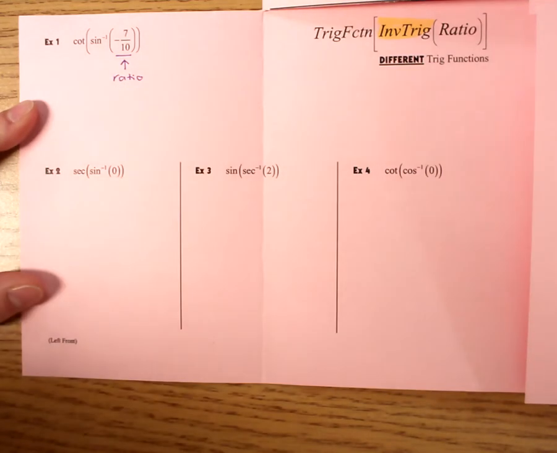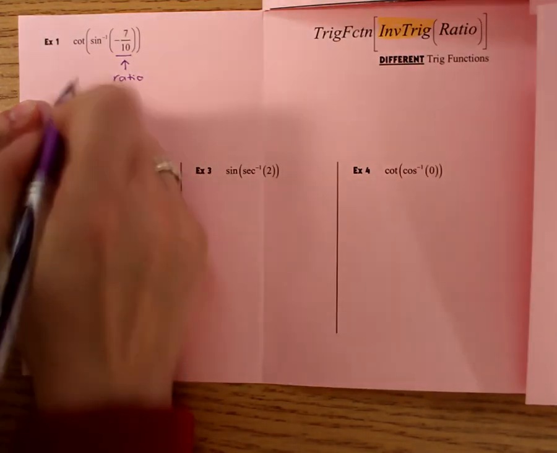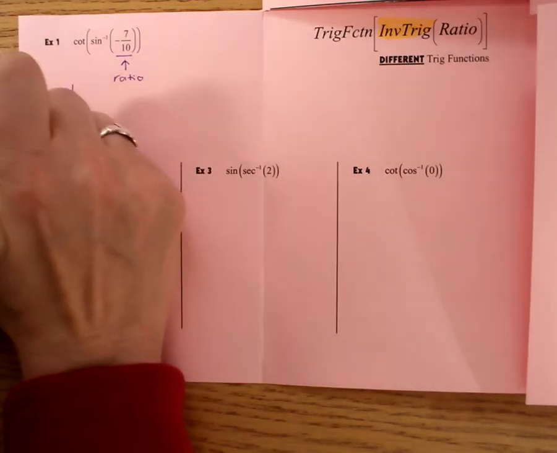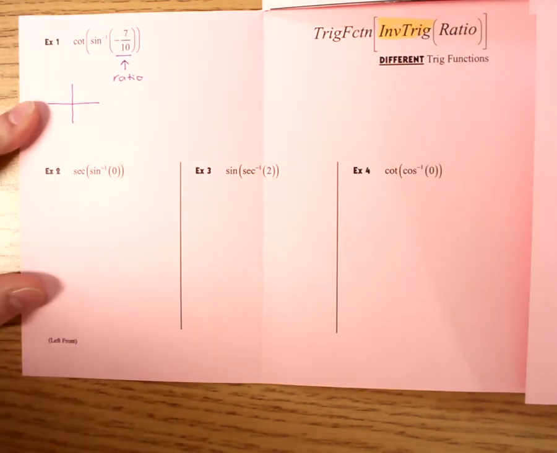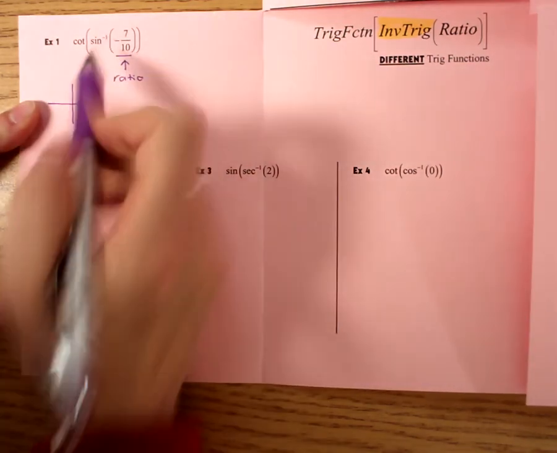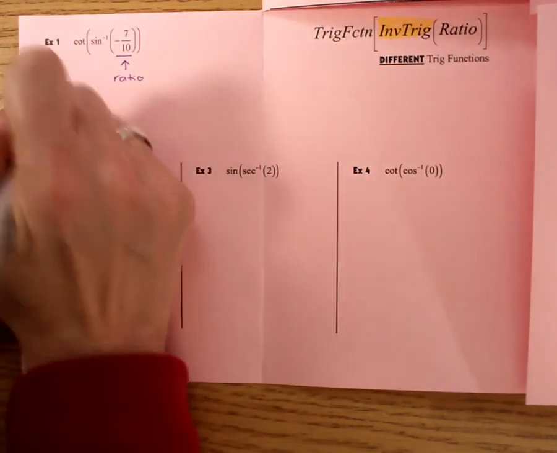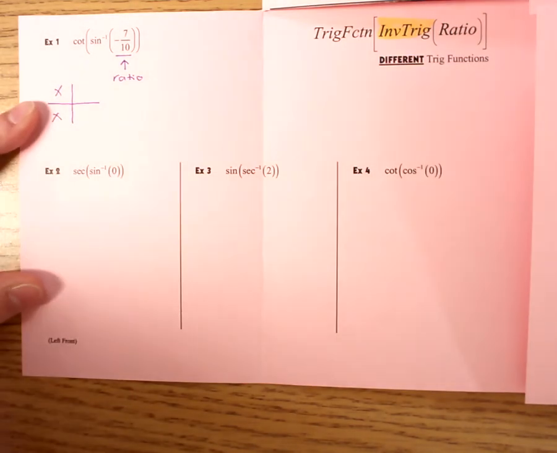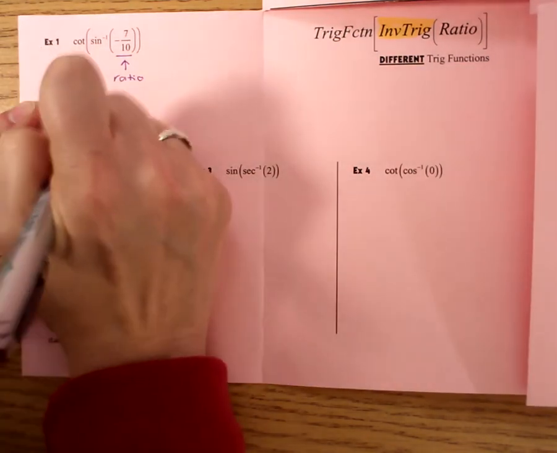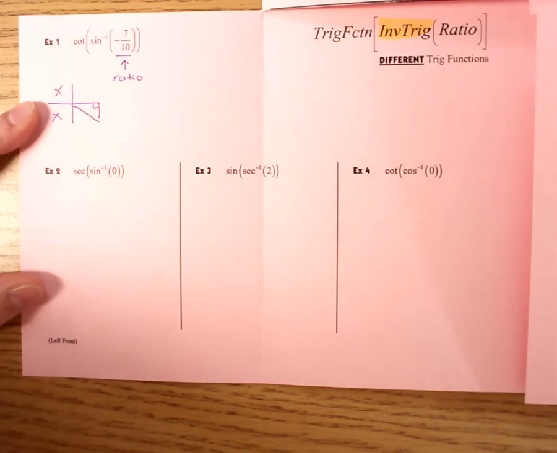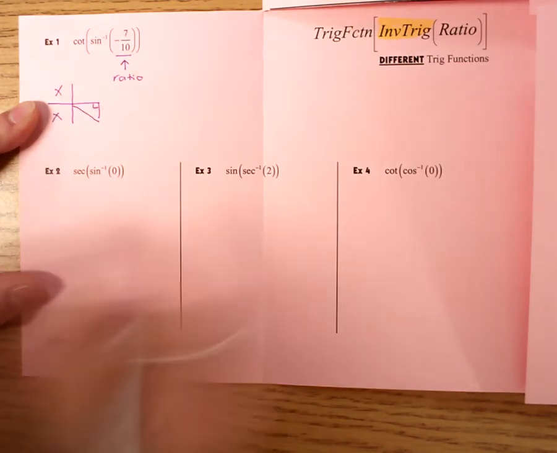So the first thing that I'm going to do there is I am actually going to give myself a little triangle. So I'm looking at inverse sine, so I'm going to put my restrictions on here. I see that it's negative, so I'm going to draw my triangle, remembering the right angle has to be on the x-axis.